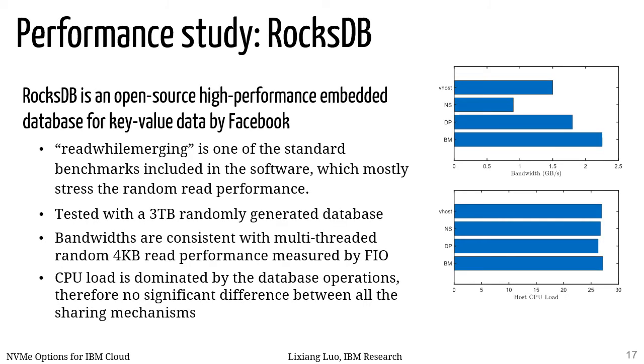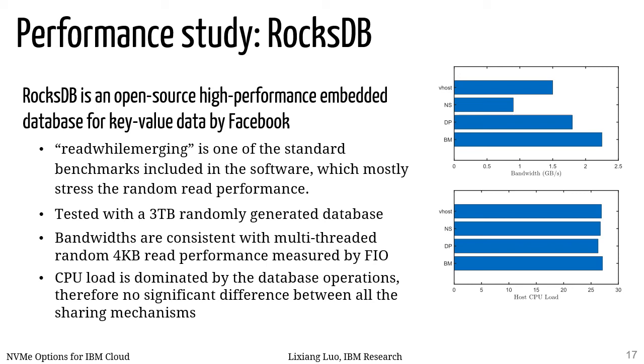We also did a performance study using a RocksDB benchmark test. We all know RocksDB. We are using read-while-writing, which is one of the standard benchmarks included in the software, which mostly stresses the random read performance.